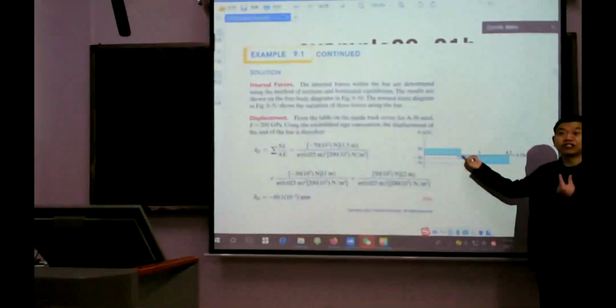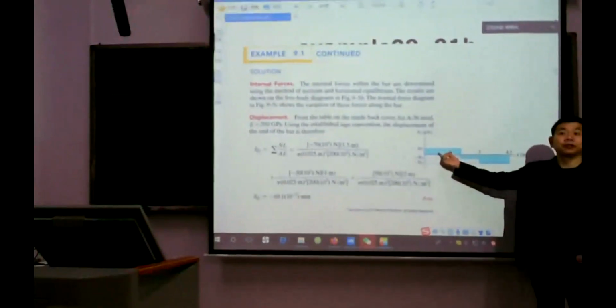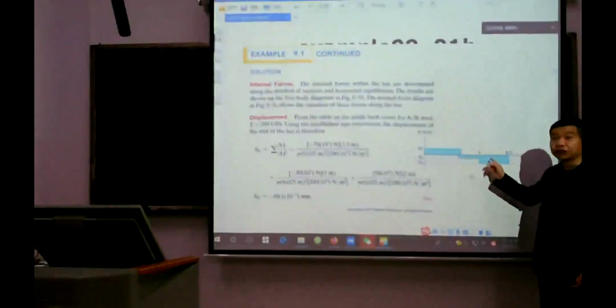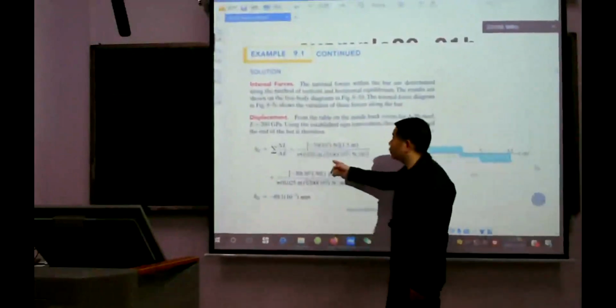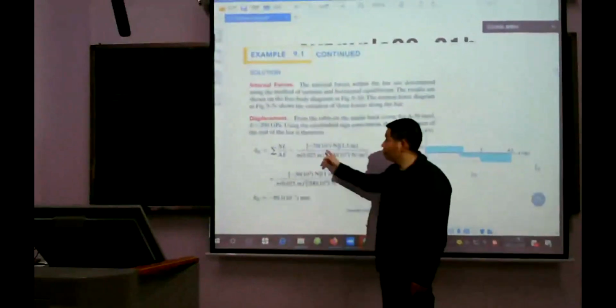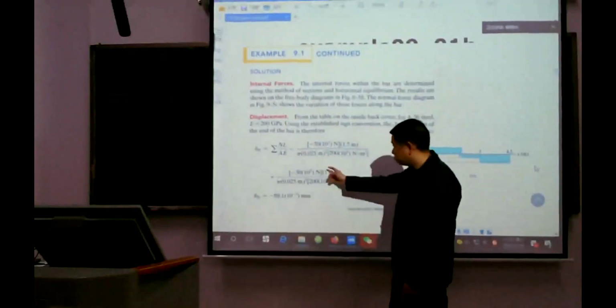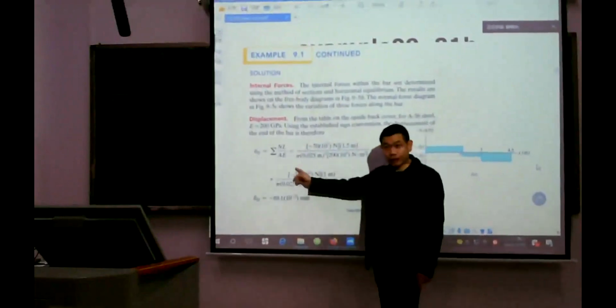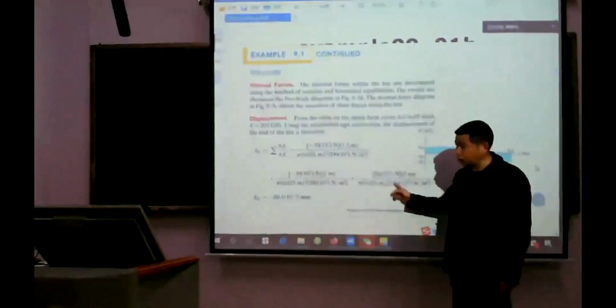BC is in compression. AB is in tension. CD negative, compression; BC negative, compression; AB positive, tension.